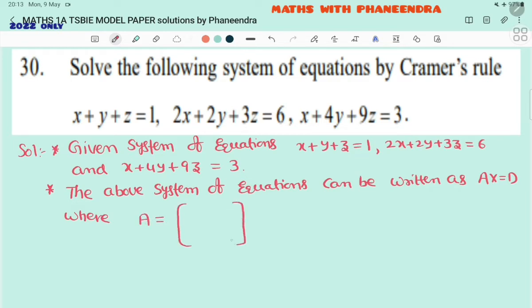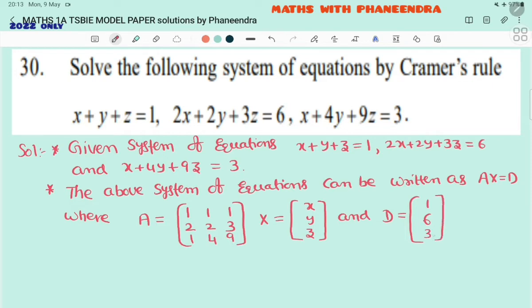Their x, y, z coefficients we are writing as a matrix. So in the first equation, x coefficient, y coefficient, z coefficient. In second equation, 2, 2, 3. In third equation, 1, 4, 9. Capital X is equal to solution matrix, that is x, y, z. And constant matrix, capital D is equal to 1, 6, 3.